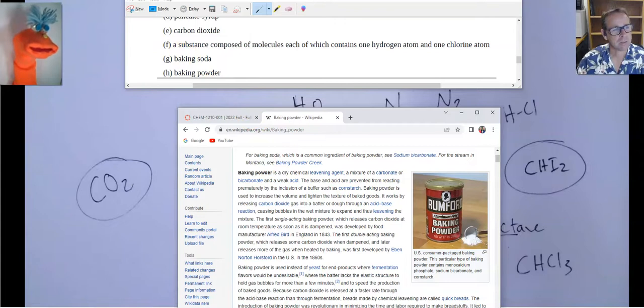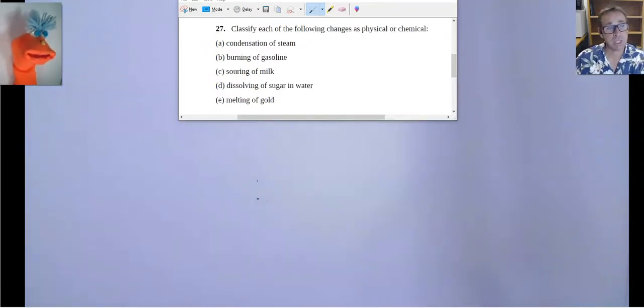All right, good. Each of the following changes is either chemical or physical, and we want to classify them. The condensation of steam. How about this? What does that mean, condensation of steam? Steam, like condensing. That's right.